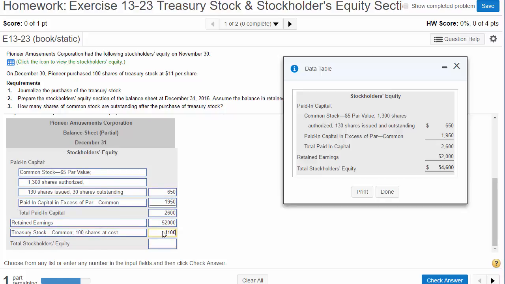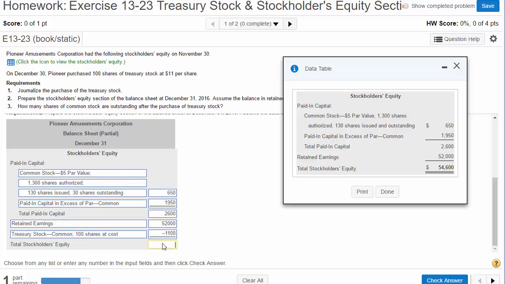Now remember, the Treasury stock is a contra equity, so this is a negative number. So the total stockholders' equity is going to be this subtotal, 2,600 plus 52,000 minus 1,100 gives us 53,500.